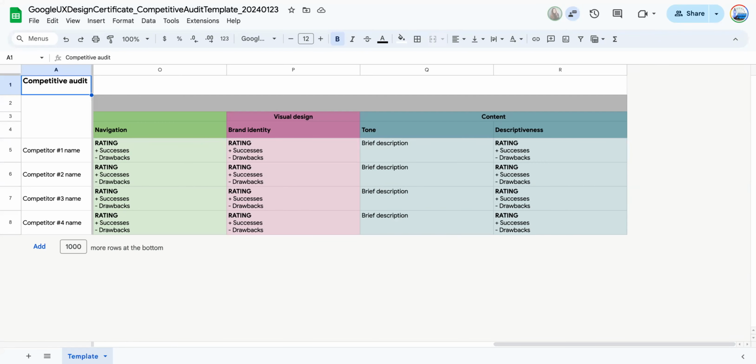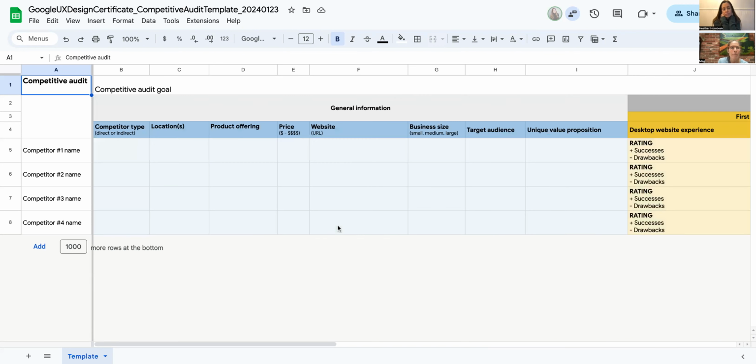I brought in a basic template, let me share this with you real quick. These are real examples, by the way, not made up. This one is from the Google Coursera, a template they give you. When you look at this, this is a very formal way to start.